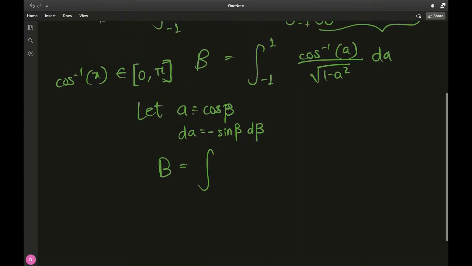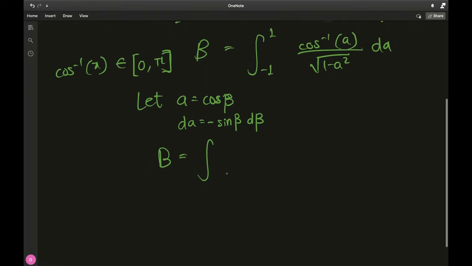Again, there are a lot of problems. I'll be discussing them in detail in the inverse trigonometric functions video. So when cosine of pi is negative 1, that's when you'll have negative 1 by this substitution. So when beta is equal to pi, and when will cosine be 1? Well, 0, right?